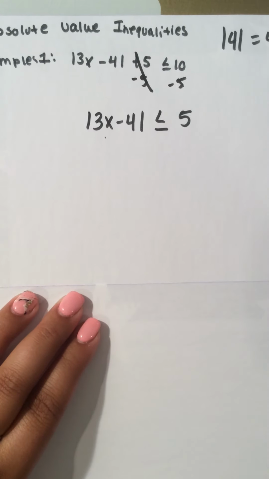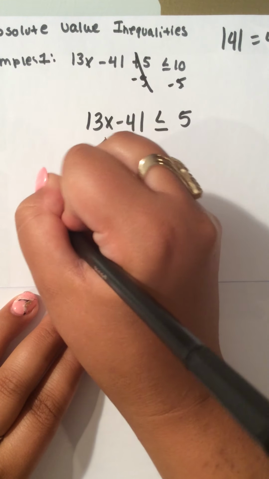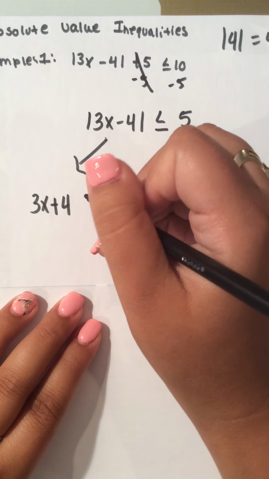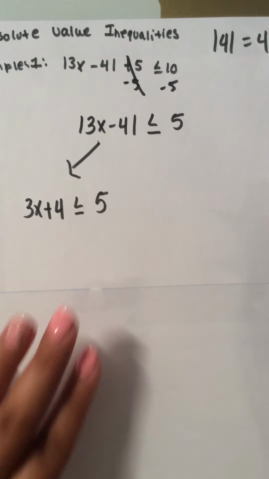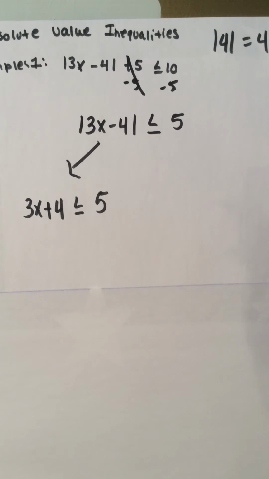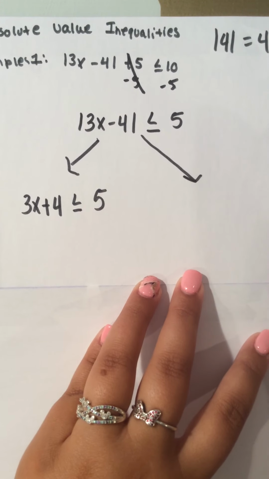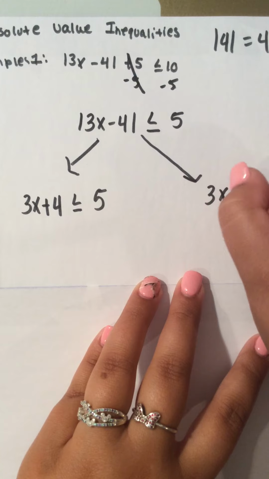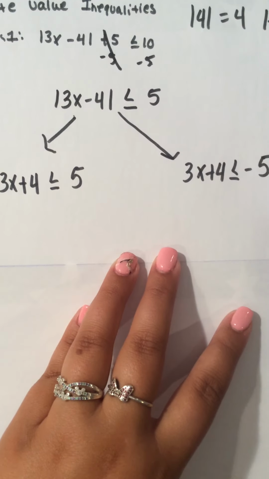I'm going to draw an arrow here, drop the absolute value, and write it the way that I see it. So 3x minus 4 is less than or equal to 5. And then I'm going to write it a second time, because remember 4 and negative 4 have the same absolute value, and I'm going to have 3x minus 4 is less than or equal to negative 5.